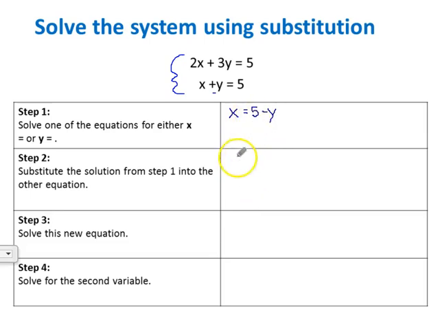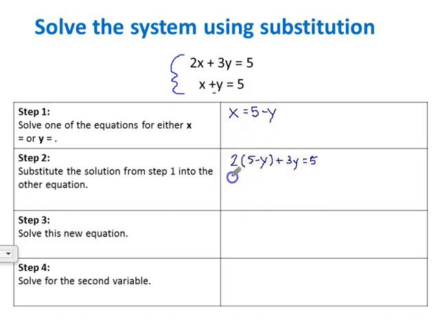So now I'm going to substitute this into my top equation. So whenever I see an x, I'm going to plug in 5 minus y, plus 3y equals 5. I need to distribute.